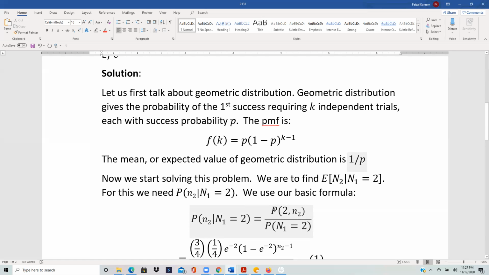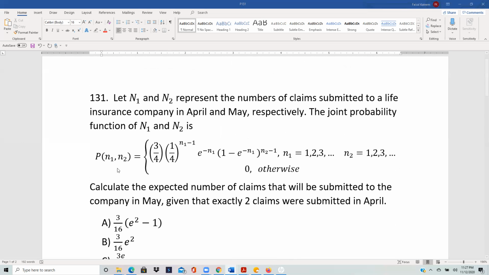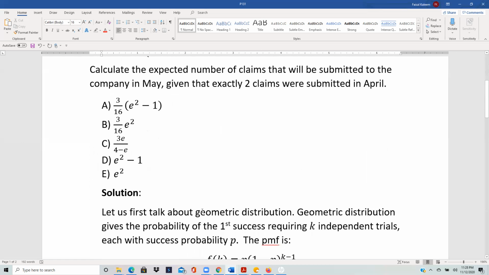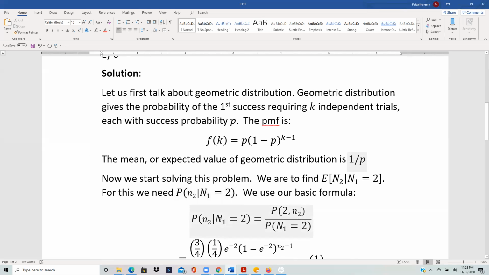And we write it like this because the way the PMF is given to us, the first argument is N1, the second argument is N2. So that's what is saying that N1 is equal to 2 and N2 is equal to N2. And then in the denominator, you have the given thing, which is the probability of N1 equals 2.